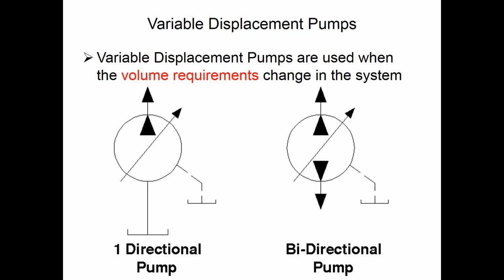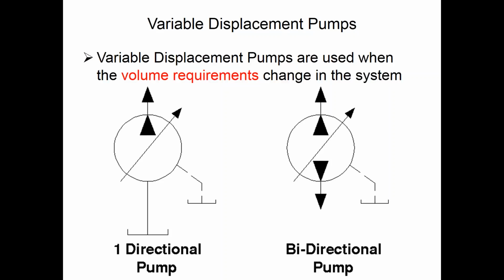With a fixed displacement pump, the only way to vary its output is to vary the speed of the drive motor. But with a variable displacement pump, we can have a drive motor that turns at a constant speed, and the pump can stroke or de-stroke to deliver exactly the amount of flow the system needs. Now there are a number of ways of doing that.